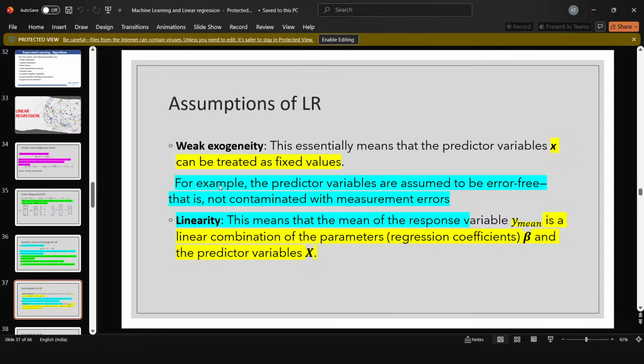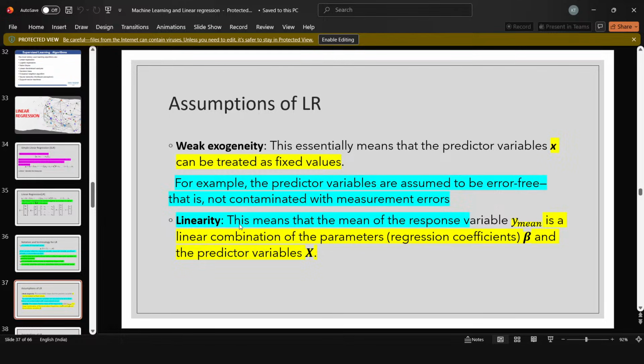So in linear regression, while training the model, we assume that all the x values are fixed, that is, they are not error prone. They are all error free. So that is a base. The entire linear regression is based on the x value. So this is the first assumption.